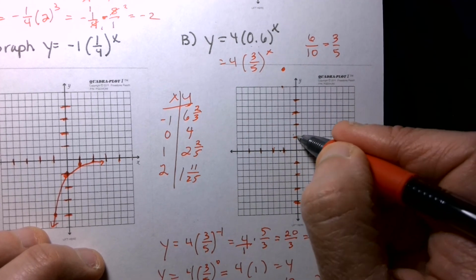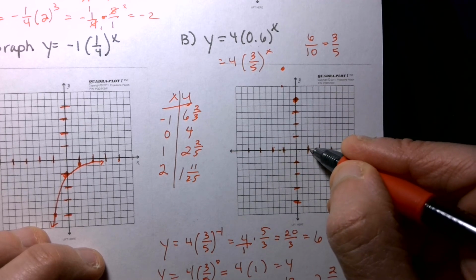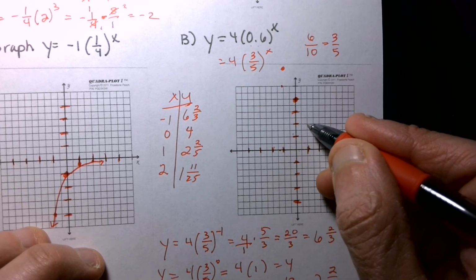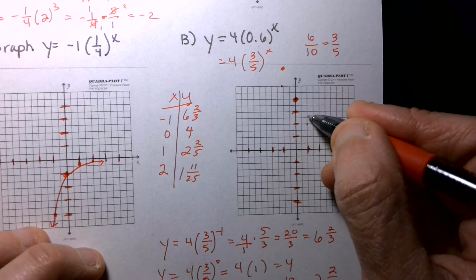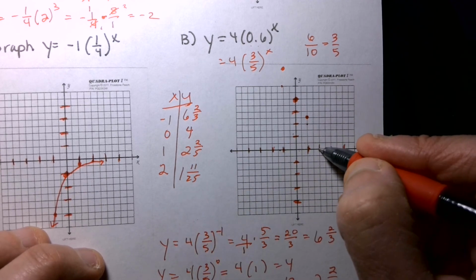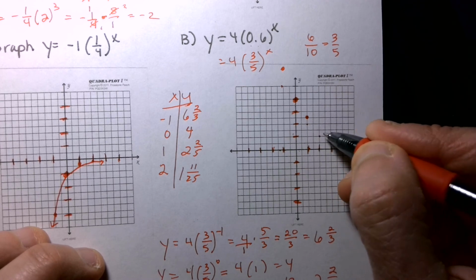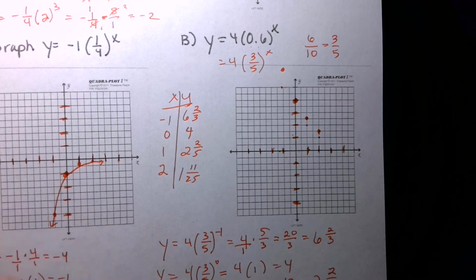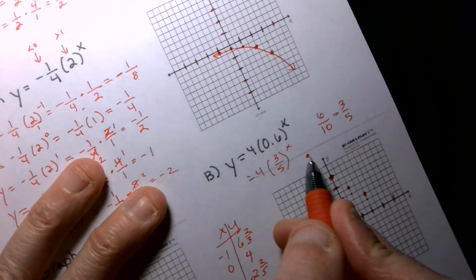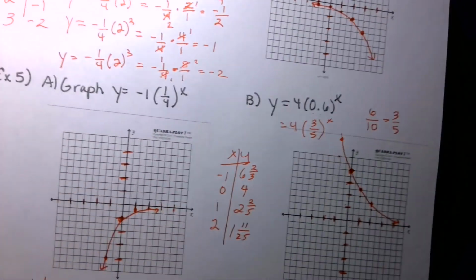And 0, 4, and 1, 2 and 2/5, that's about half, so that's about right there. And then 2 and 1 and it's almost a half. It's right there. So we can kind of see where we're heading. We're heading down, like that.